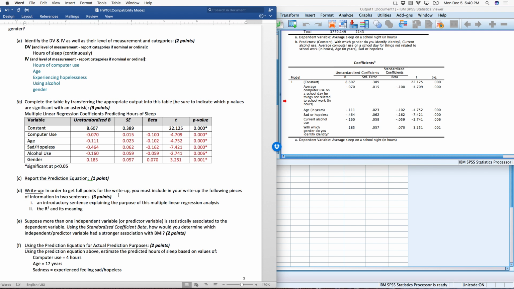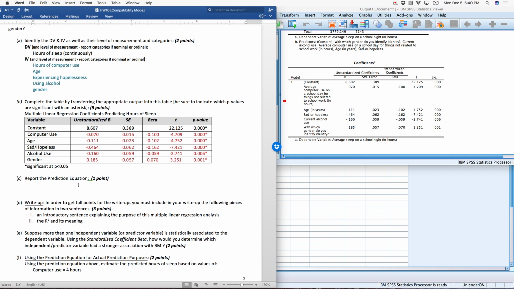Next, we're going to report that prediction equation based on our table. So what I'm going to do is write in our dependent variable equals, first we put our constant, which is 8.607.